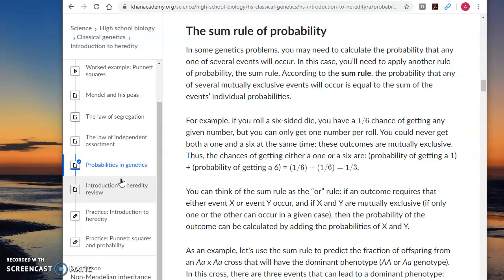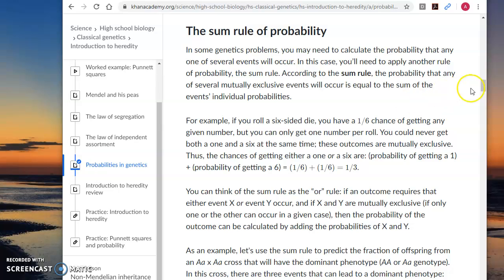So the chances of getting either a 1 or a 6 would be 1/3, because you have a 1/6 chance of getting a 1 and a 1/6 chance of getting a 6. If you add those two together, 1/6 plus 1/6 is 2/6, which is equal to 1/3.